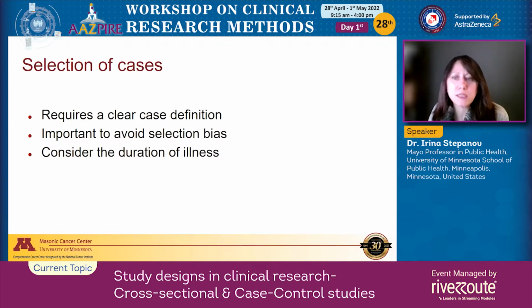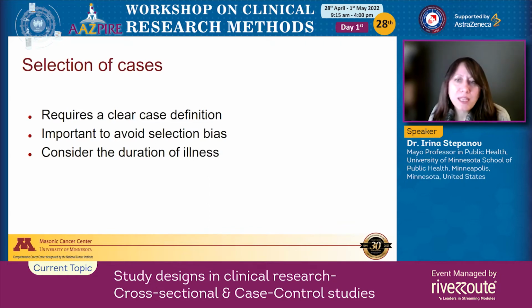So it could be not just general disease, but very specific stage, for example, like in the case of cancer. And you may need to have very specific criteria at how the case was diagnosed and what are your very specific inclusion or selection criteria for that. So this is really important.